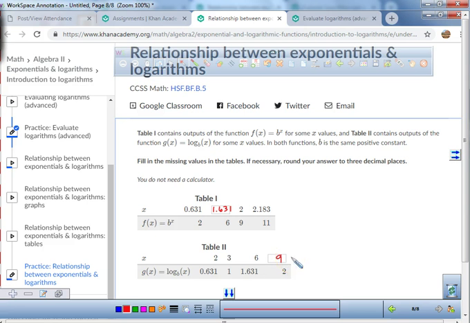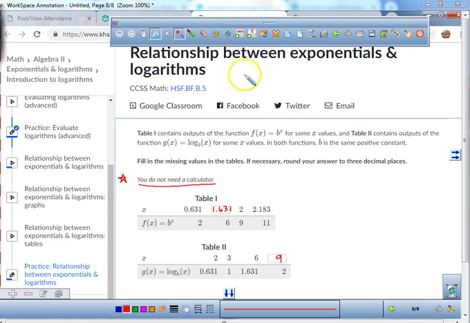So these right here, now here's a little thing that lets you know. Guess what? You do not need a calculator. What should you know about exponential functions, the relationship between those two? What's the phrase that says they are inverses? That's all you got to do. All right, so let's type this in.